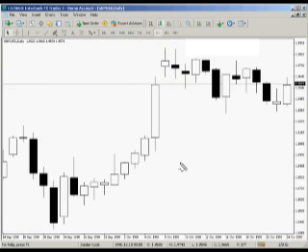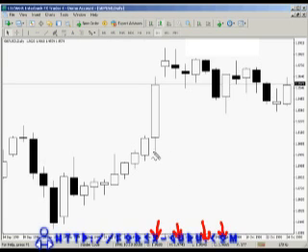A candle is a bar, is simply a slice in time. That never changes. Now when we're looking at a candlestick, we still have, remember, down here on the status bar, the open, the high, the low, and the close. We still have that information on the candlestick. Here's the low, the lowest part of the candle. Here's the high, the highest part of the candle.